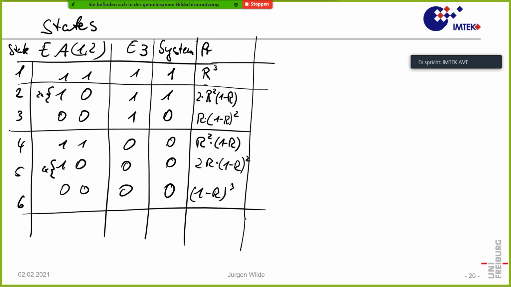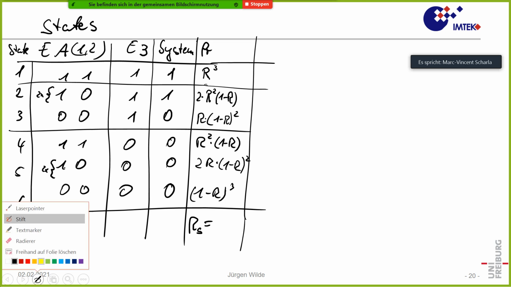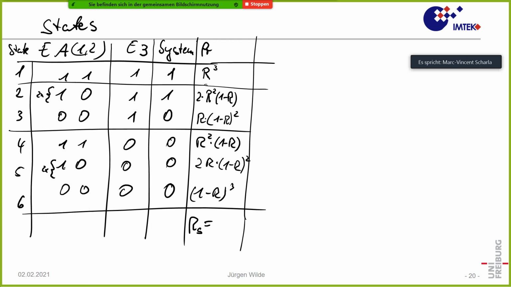How do we get the reliability of the system? Can you give me that? Okay, and that's these and these, and that gives us this, yeah? It is r cubed plus 2 times r squared times (1 minus r). Okay.